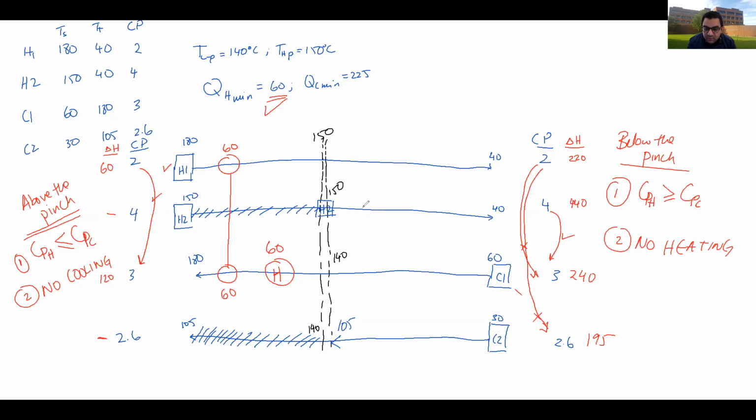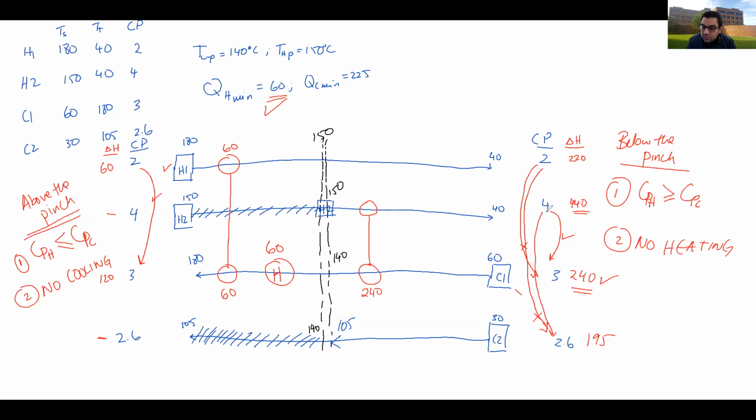Okay, so I'm going to connect the heat exchanger from this stream to this stream. This stream has 440 kilowatts to give. This stream needs 240. So I'm just going to transfer 240 kilowatts and satisfy this stream. So now this stream has 200 left, right? I satisfied 240, I still have 200 left. Let's see, can I transfer it to this guy? So 4 to 2.6, does this transfer work?